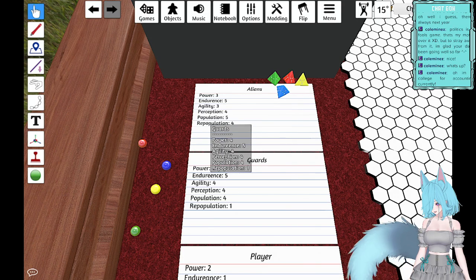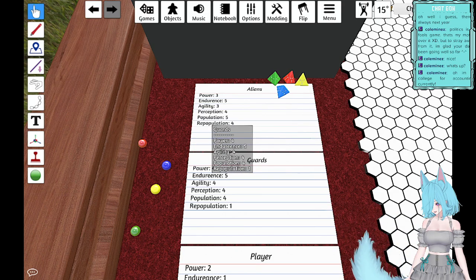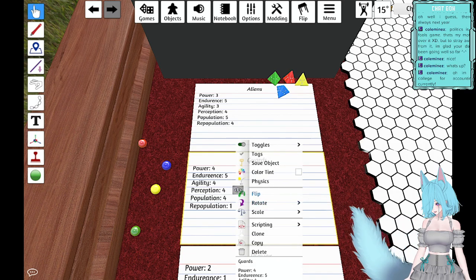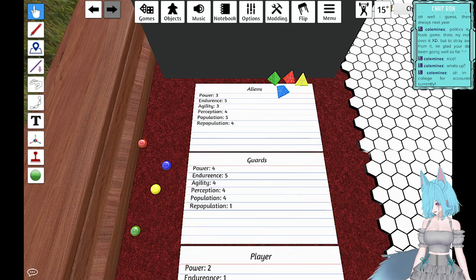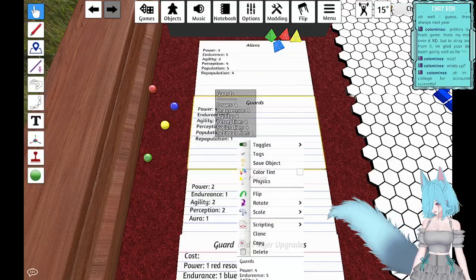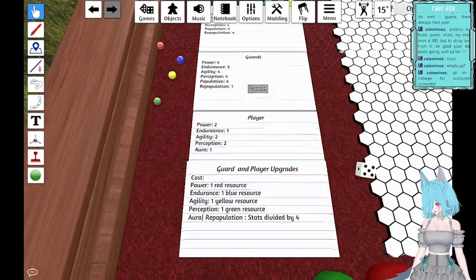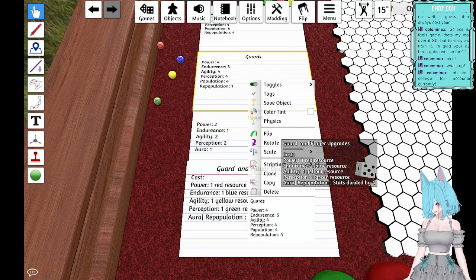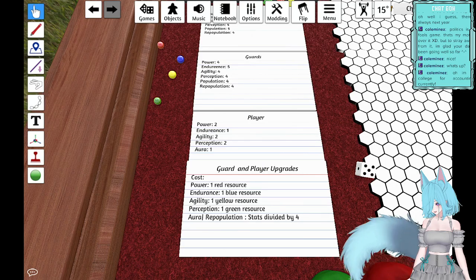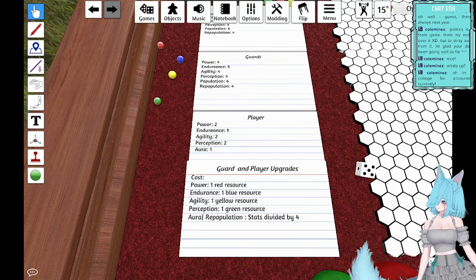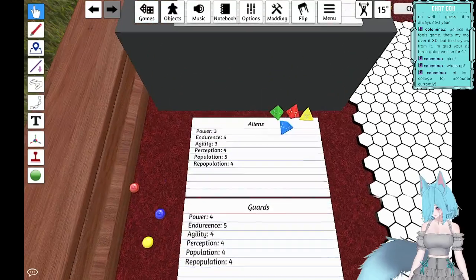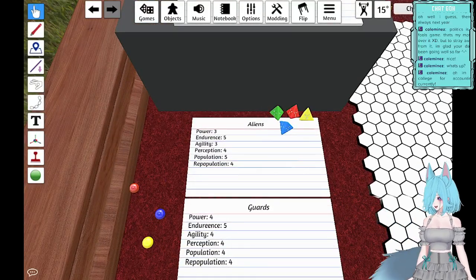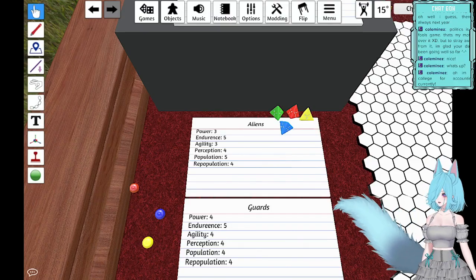Yeah, that's a repopulation of 4. Alright. Now it's time for aliens and the guards to battle.